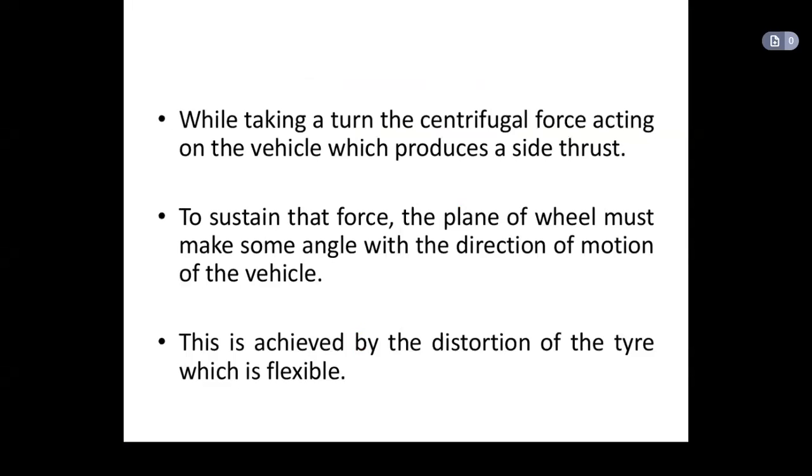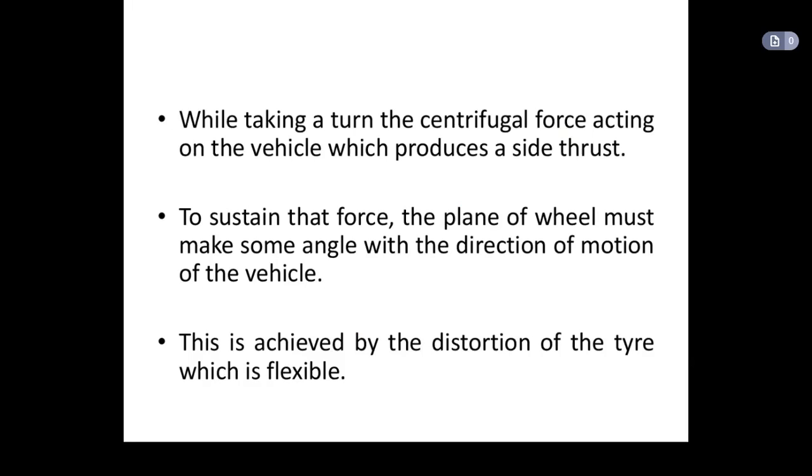While taking a turn, the centrifugal force acting on the vehicle produces a side thrust. To sustain that force, the plane of the wheel must make some angle with the direction of motion of the vehicle.